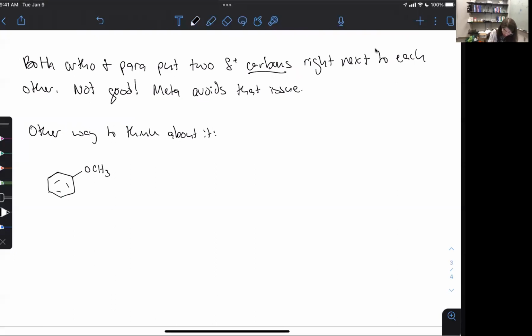We talked a little bit about how we had this resonance structure using the lone pairs. So that resonance structure still exists even if there's not a carbocation in there, right? We can push the lone pairs into the ring. That's what makes it a donating group. And we can look at where those electrons fall.